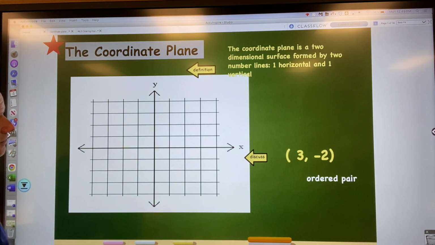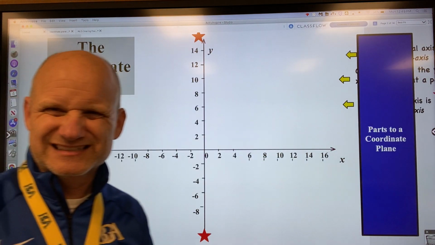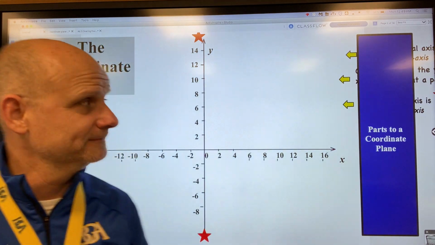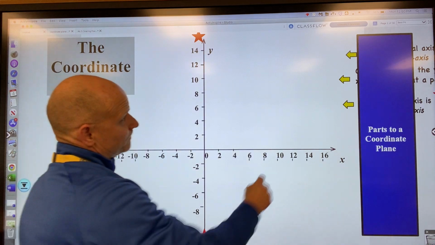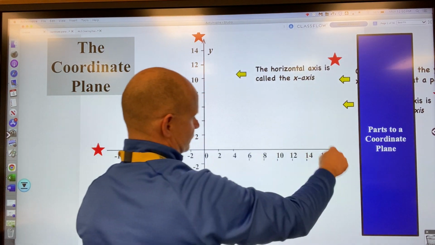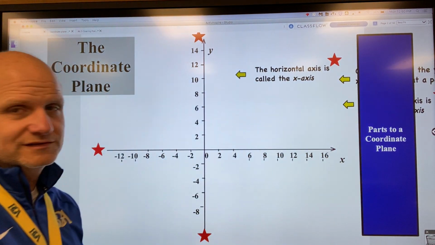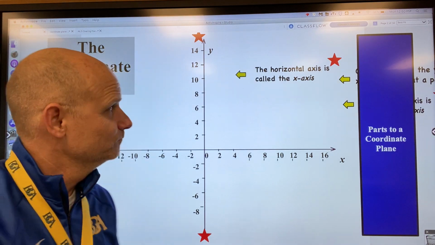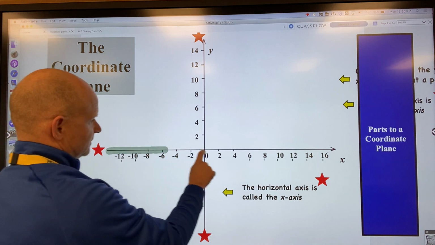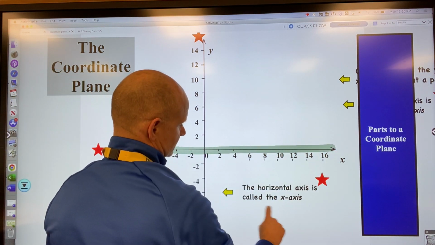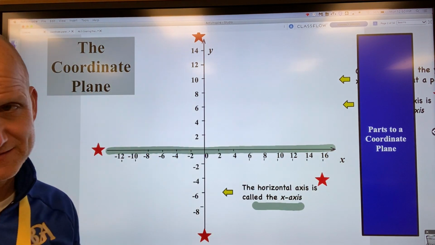Okay. So let's just take some notes. Let's get some terms out of the way, some vocabulary. The horizontal line is also known as the x-axis, okay? So this little line going across is also called the x-axis, the horizontal line.